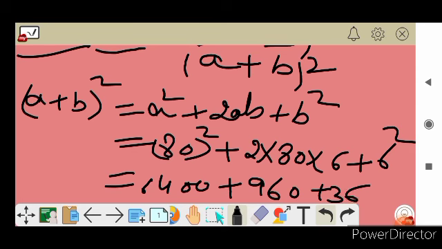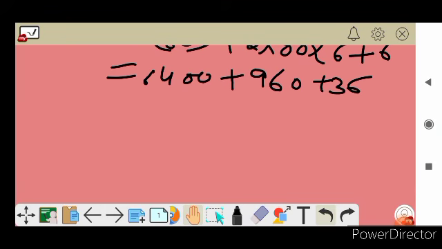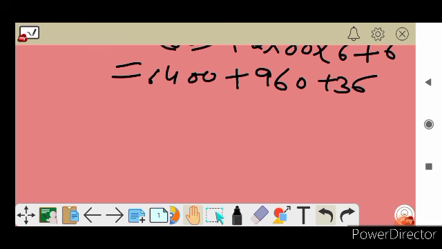In the last we will add these numbers: 6400 plus 960 plus 36. In the ones place, 0 plus 0 is 0, 0 plus 6 is 6. The tens place digit is 3, so 3 plus 6 is 9, and 9 plus 0 is 9. There is no hundreds digit in the first part.